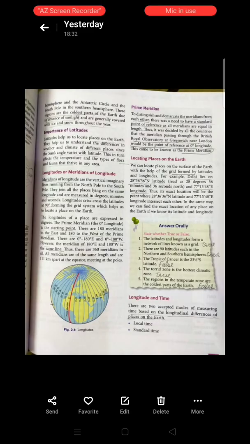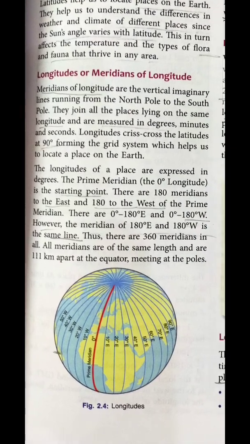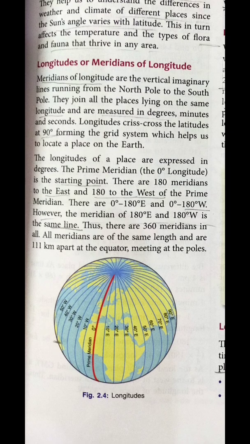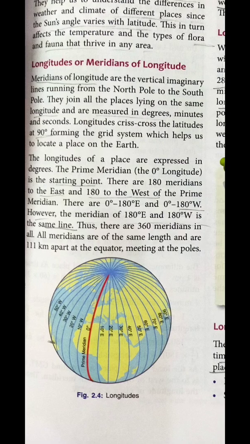These are the two poles, and the longitudinal lines move like this. They all have the same starting point and move from 180 meridians to the east to 180 meridians to the west. The length of these lines is relatively the same, and they are not parallel to each other.